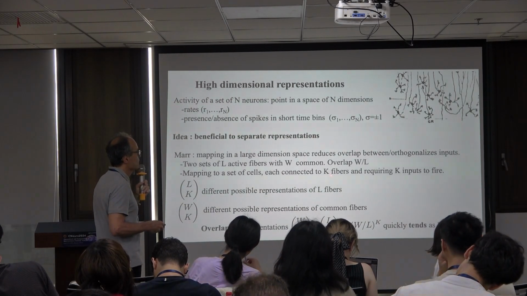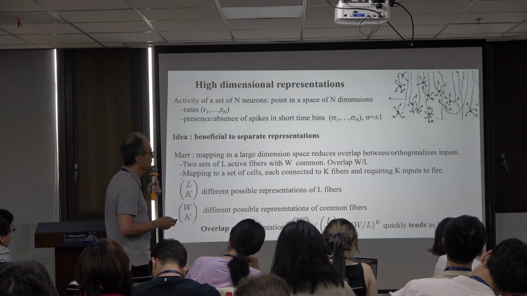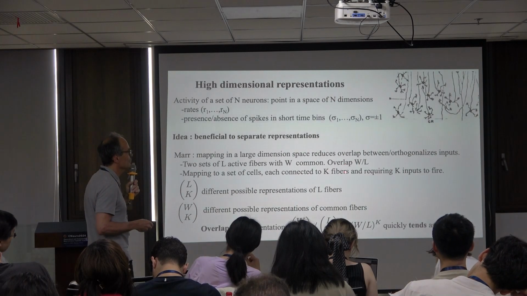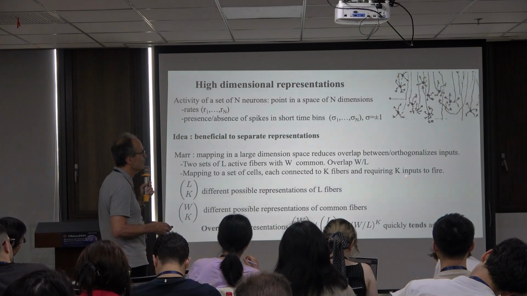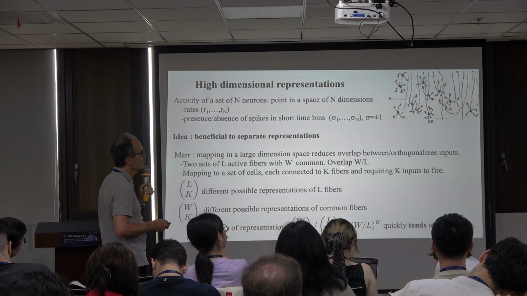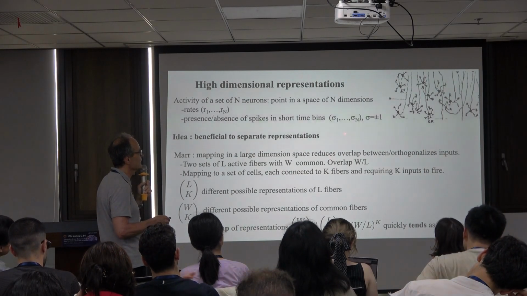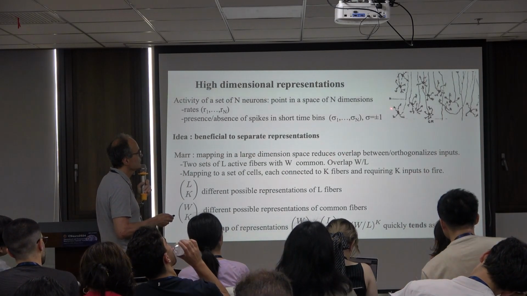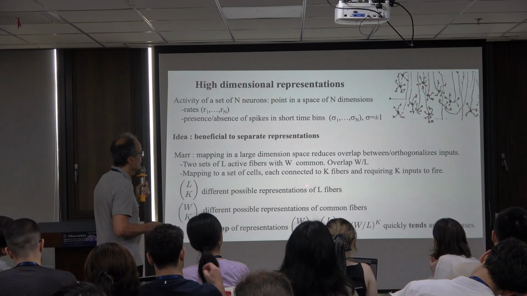So I have two sets and they overlap by W. Now if I map this to a new set of cells, and each one is connected to K fibers and requires K inputs to fire, this is a supposition. I map it to a new set of cells, a little bit like this new cell, that take K inputs from these active fibers.